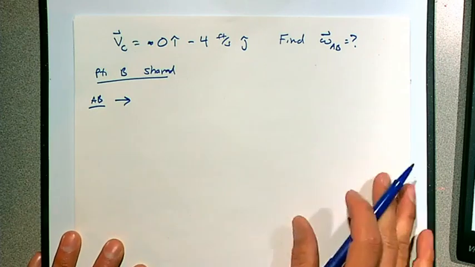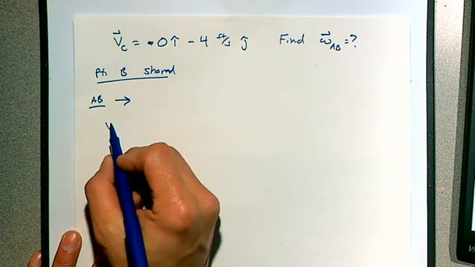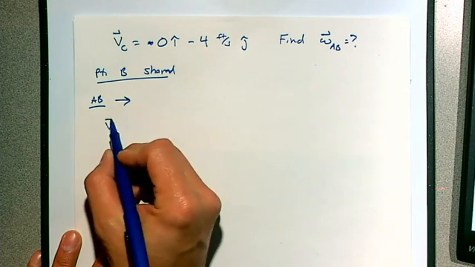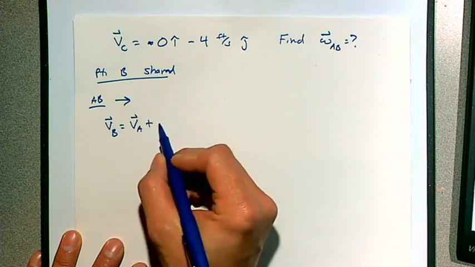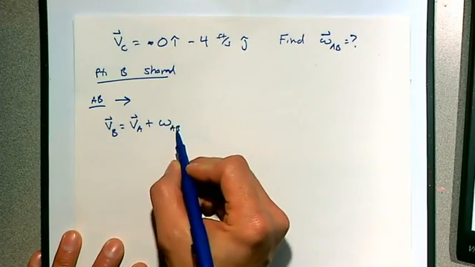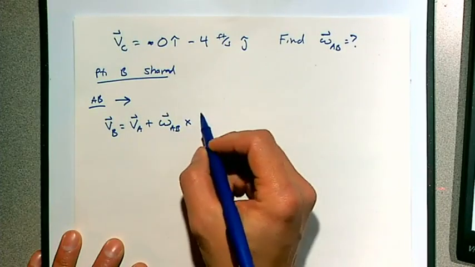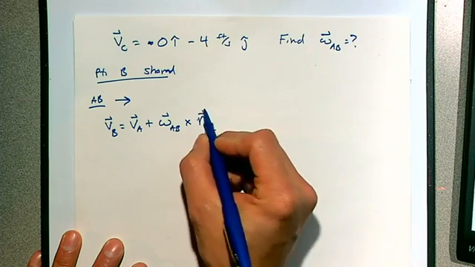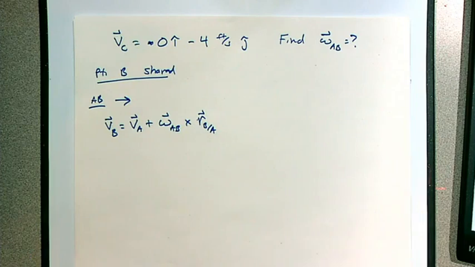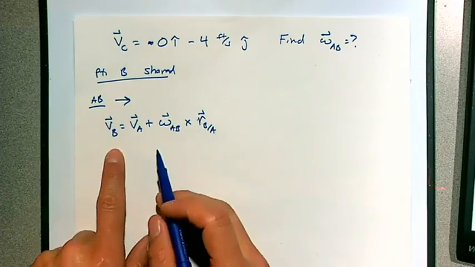For bar AB, let's write our velocity of B. The velocity of B is equal to the velocity of A plus the angular velocity of AB crossed with the vector from A to B. That's our expression for rigid body velocity.